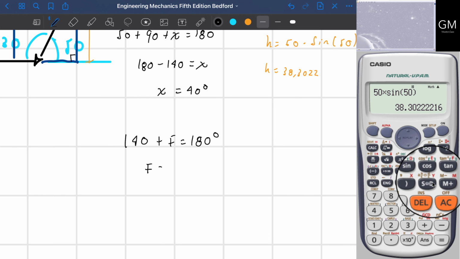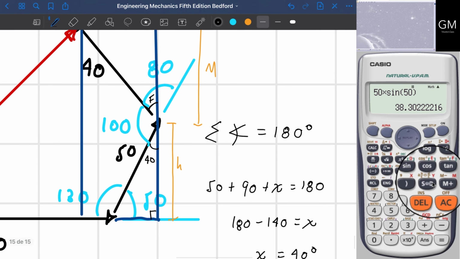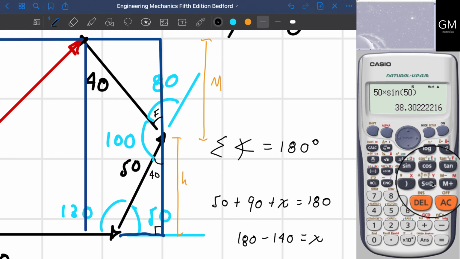Hence f is equal to 40 degrees once again. So in this case f is equal to 40 degrees.